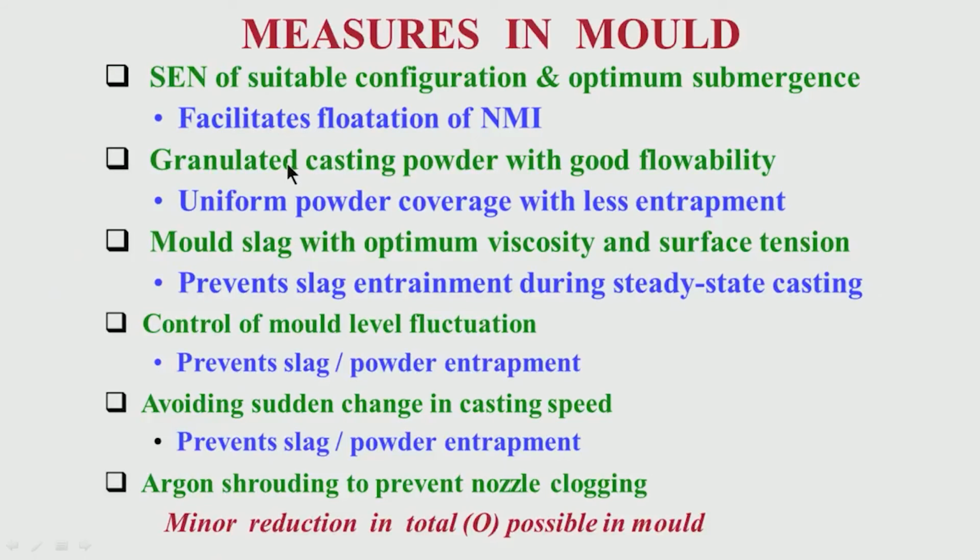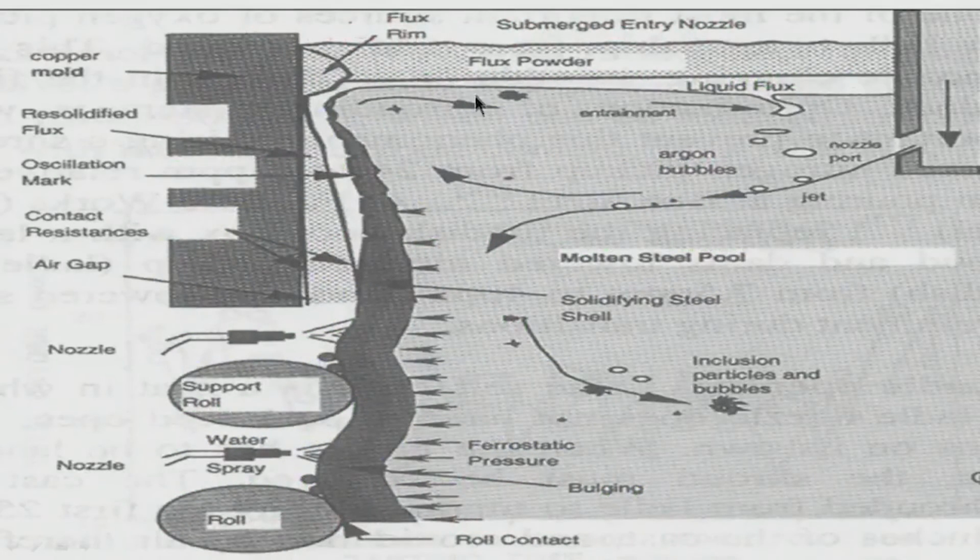Granules are formed from the powder by melting, so we have good flowability, and this is very important. This gives uniform powder coverage. You see, this is a flush powder, it should be uniform, because this also determines heat transfer to a certain extent.